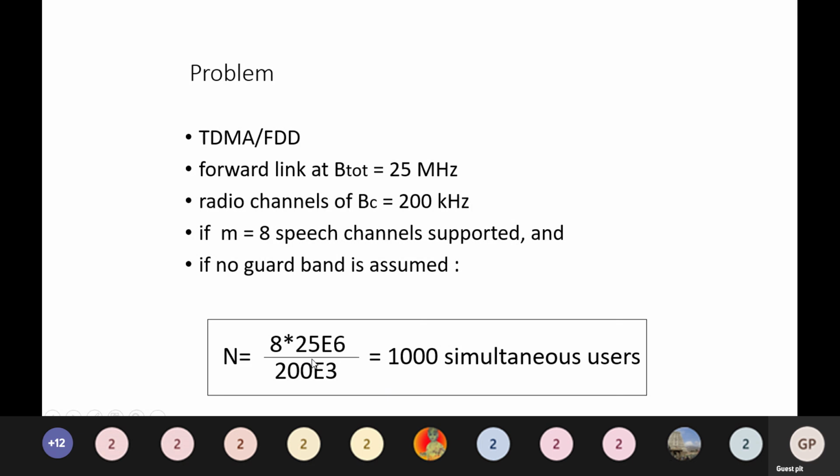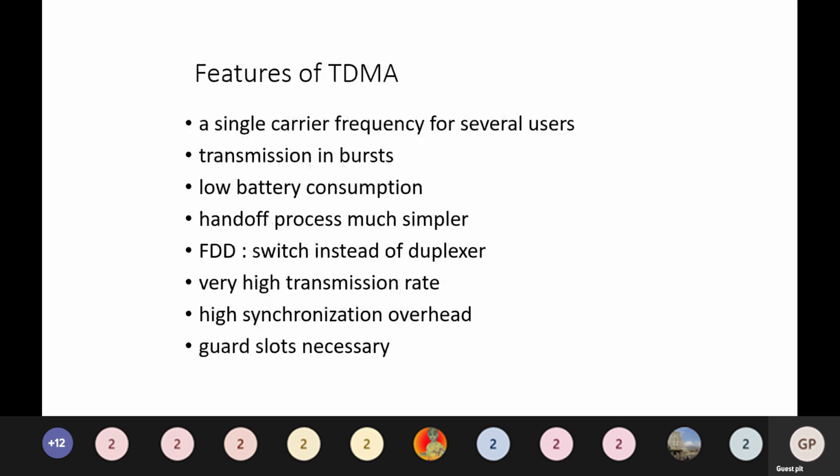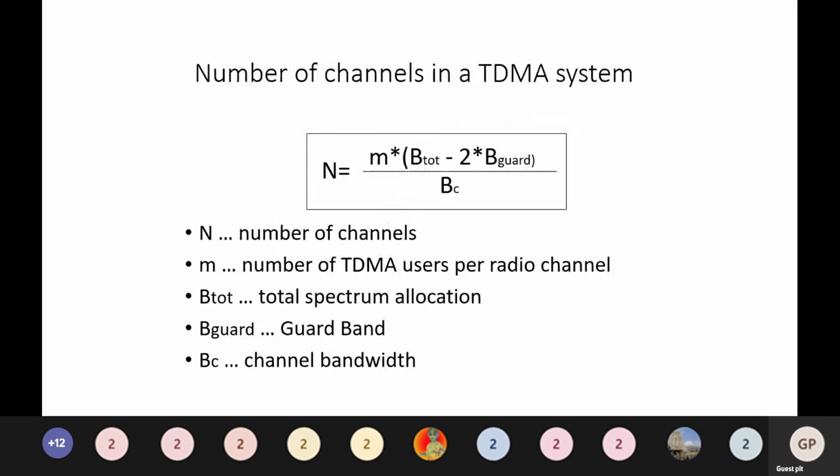So it comes around 1000 simultaneous users. You can easily calculate problems based on this. These are the features of the TDMA system, and based on this formula you can calculate.